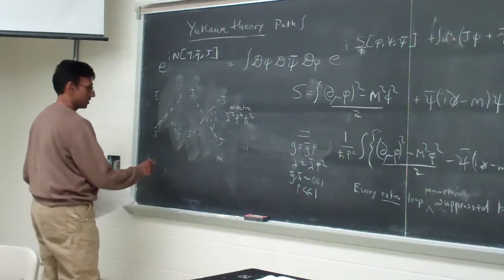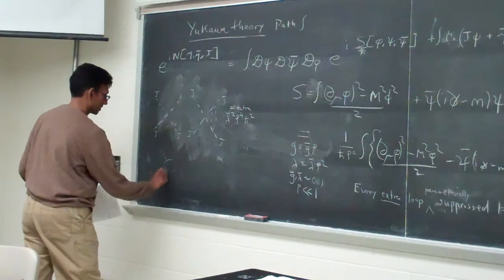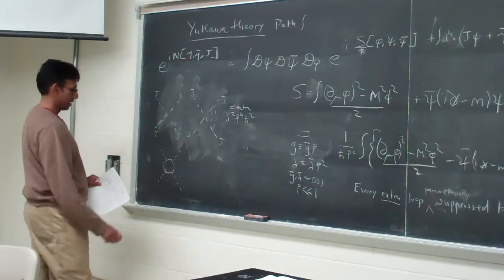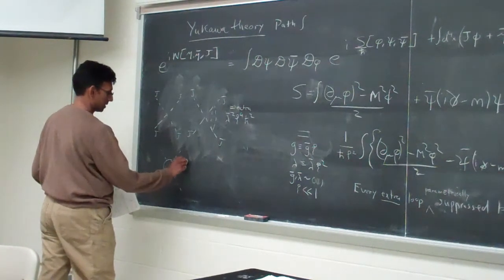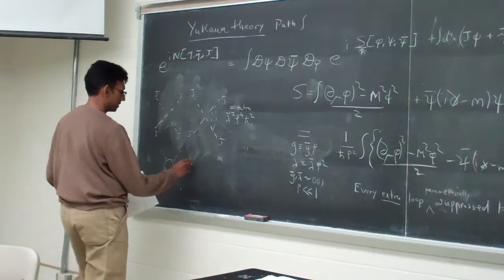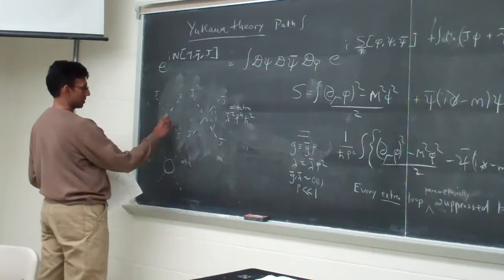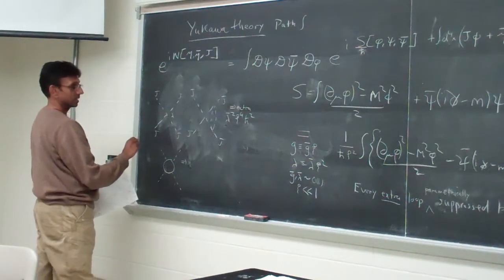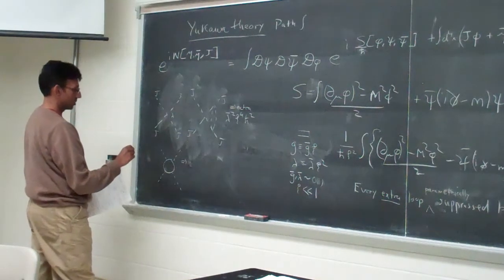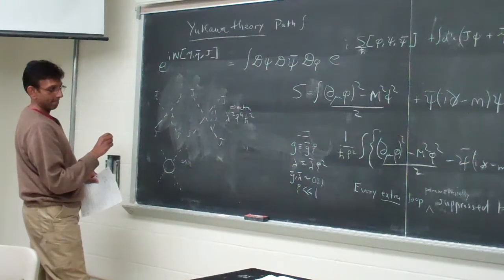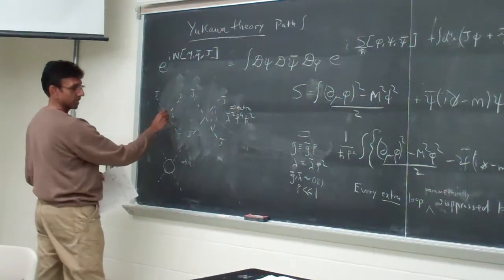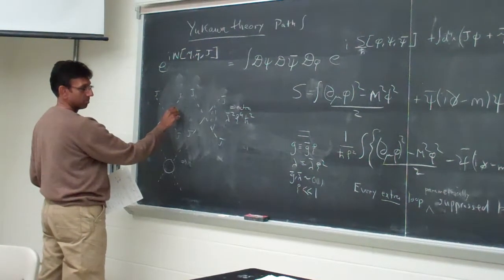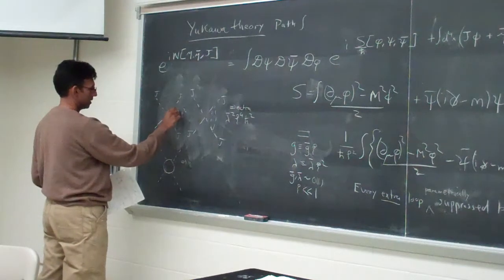Okay. There is another thing you could have done, for example. Here's another contribution to the same thing. This one had a lambda already, right? Here, I don't. So this was lambda bar c squared, right?